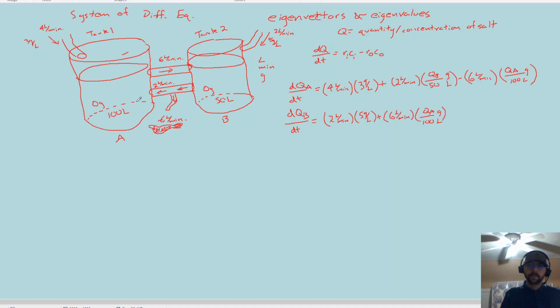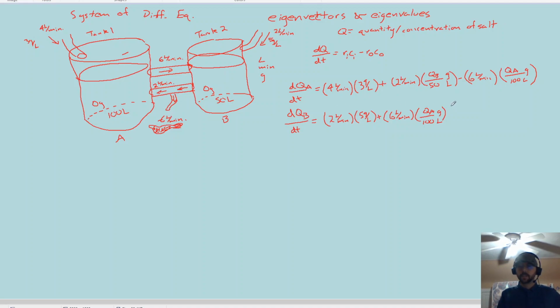So this is going into B, this is going into B, coming out of B. We could set this up as two different ones, or we can set it up the same. So we have B going out to here and B going out to here, but from the perspective of B, it's just one outbound lane, and the flow rate is 2 liters per minute here and 6 liters per minute here. So the total flow rate out of B at this point is 8 liters per minute.